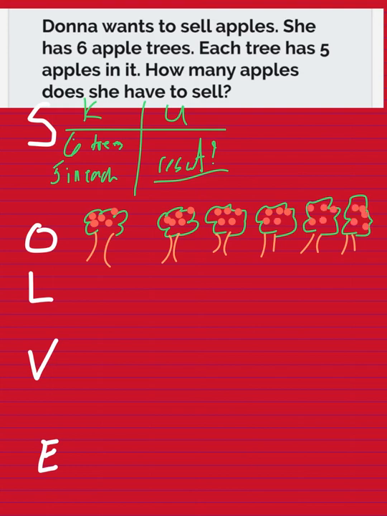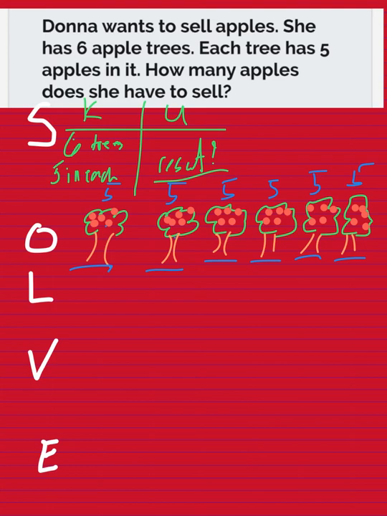Now we could go through and just count those and see how many she has to sell, but hopefully you realize that we're adding the same number over and over again, and that when we add the same number over and over again, that is repeated addition, and repeated addition is just another way to say multiplication. I hope you also see that we have equal groups. This is a multiplication problem with equal sets.